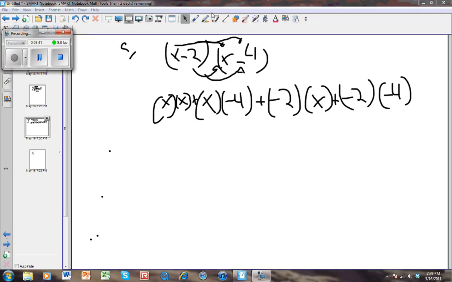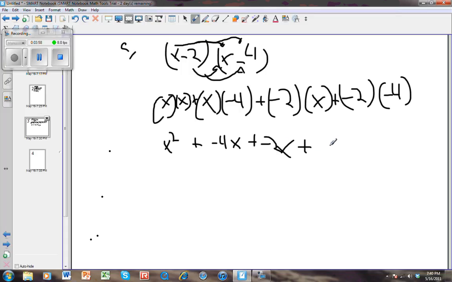So this is going to become x squared plus negative 4x plus negative 2x plus positive 8. And after we simplify this further by adding these two, it's going to become x squared plus negative 6x plus 8. There you go.